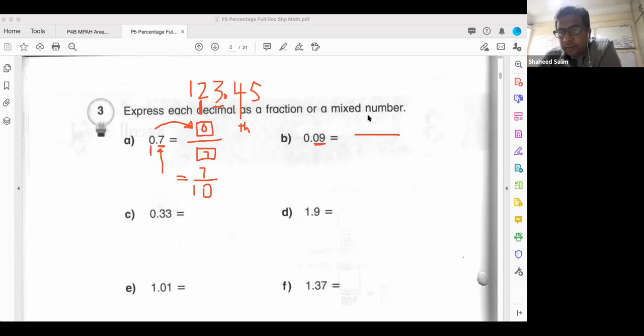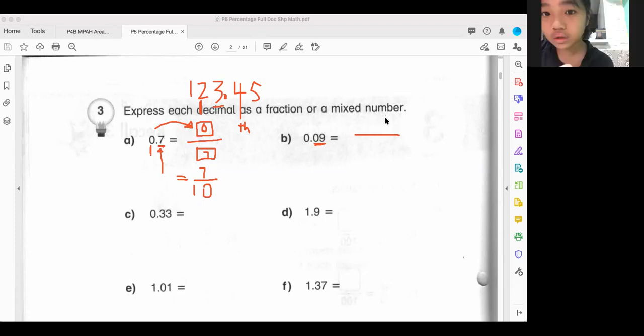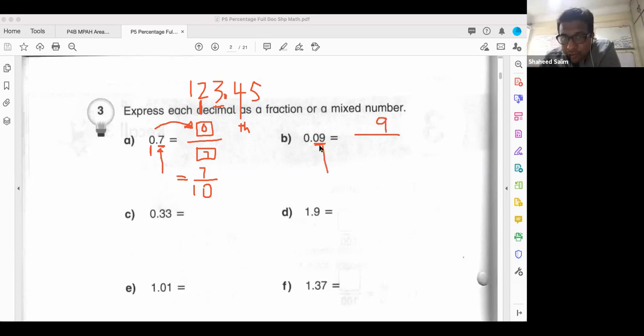Here, see, here is 7. Here is... What number do you see? This number? What number is this? 9. Good. Now, what is this last position now? You have ones. What is this?